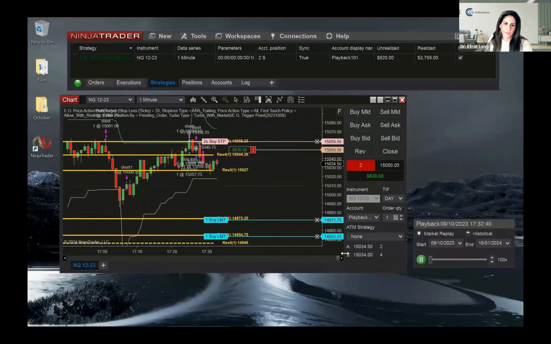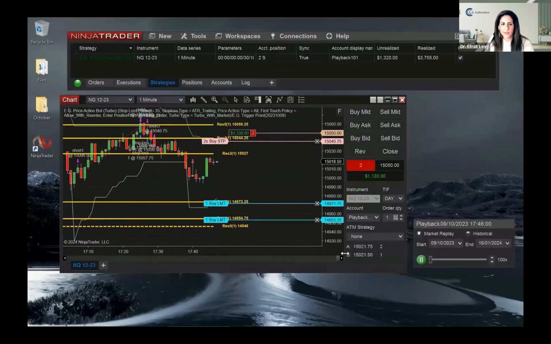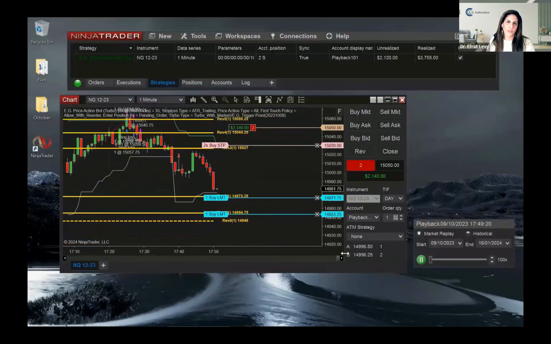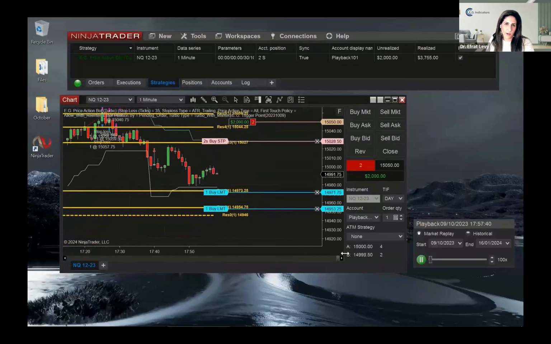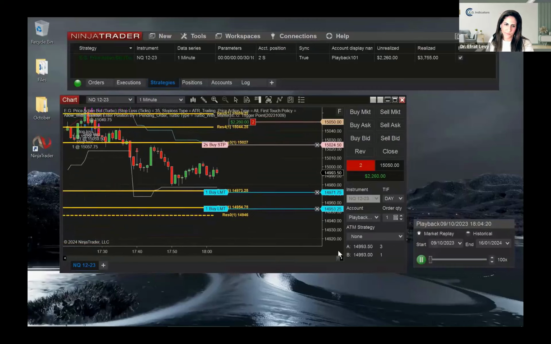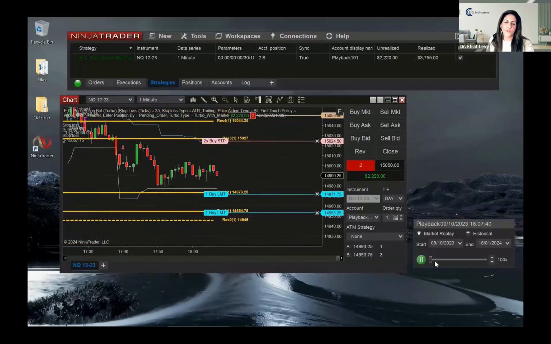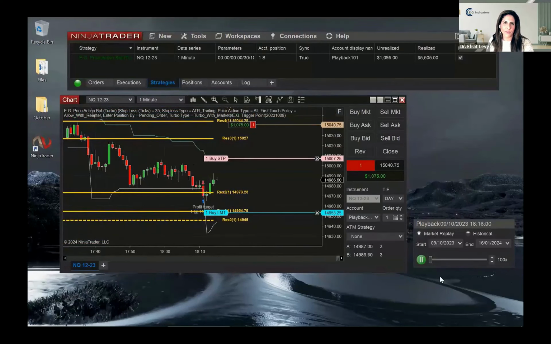This is the turbo mode. It shorted on the first touch rule, and then a price action short signal was generated, and the bot added another contract by market order to this winning position. And look how beautifully the ATR helps maximize the profit.